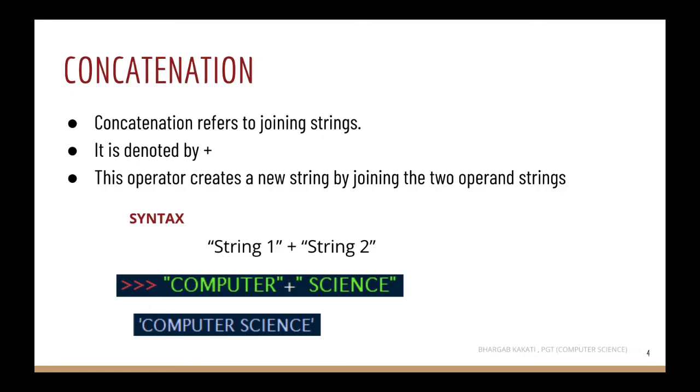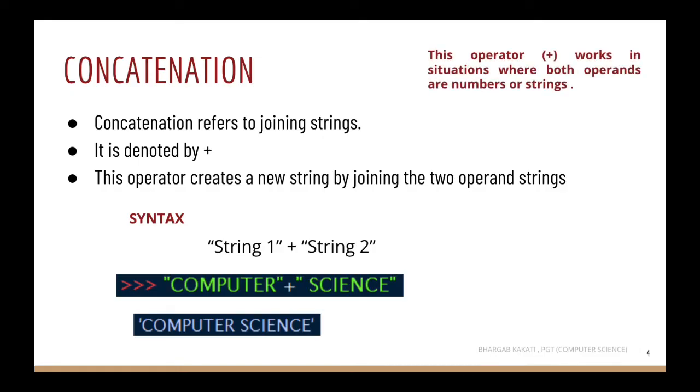What it will do, it will simply join the two strings. This operator, that is plus, works in situations where both operands are numbers or strings. Now how does the plus operator work? If we give both operands as numbers, it will fetch me the result as 12 if I do 10 plus 2.